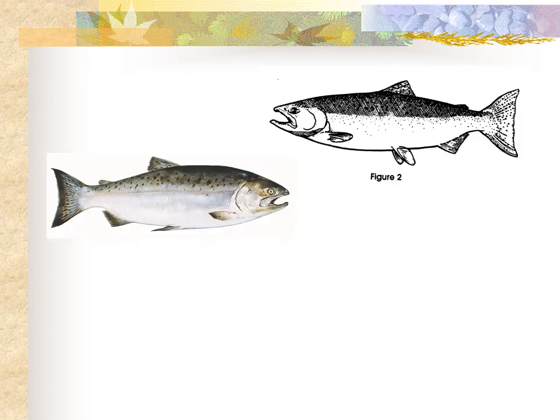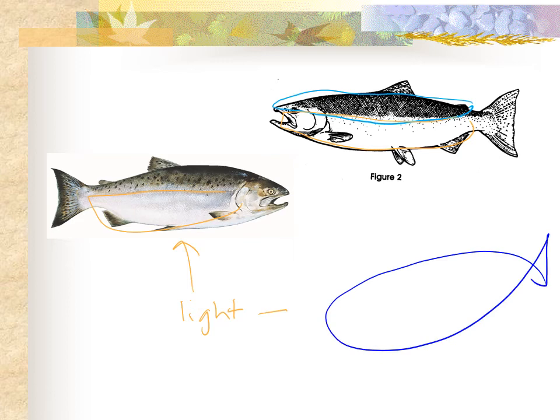Okay, hopefully you noticed that the pattern of the fish is different depending on what side you're looking at. The belly of the fish tends to be very light, and that is to avoid predators that might be lurking from below. So if you have a much larger fish looking around for their dinner, if they look up, this is going to help this fish blend into the sky above because it looks whitish.